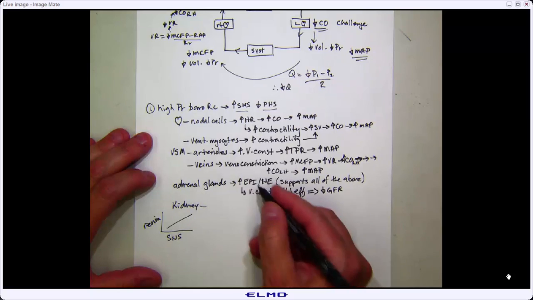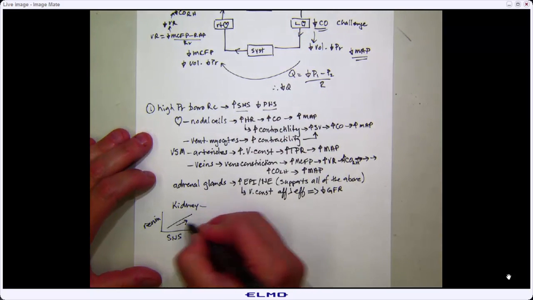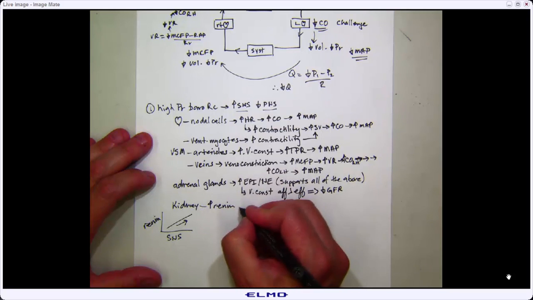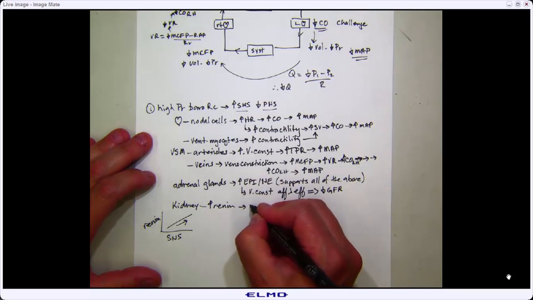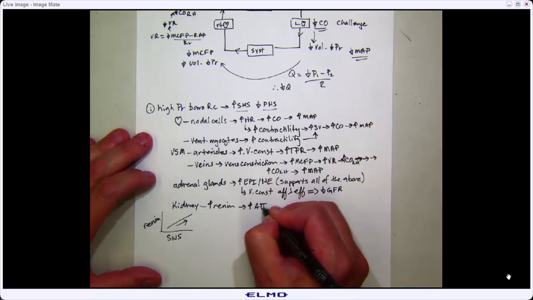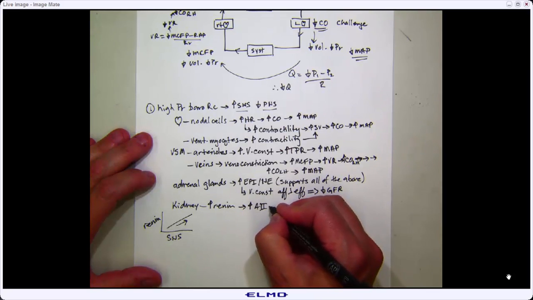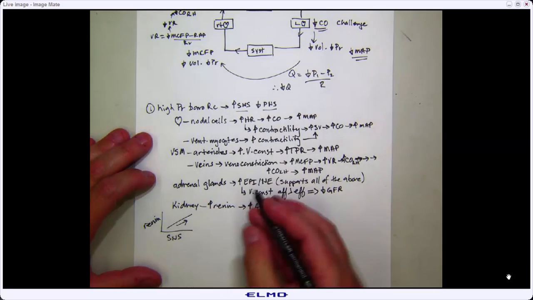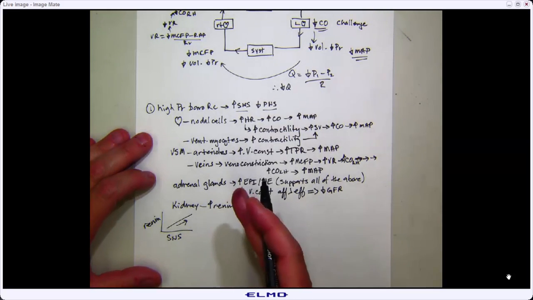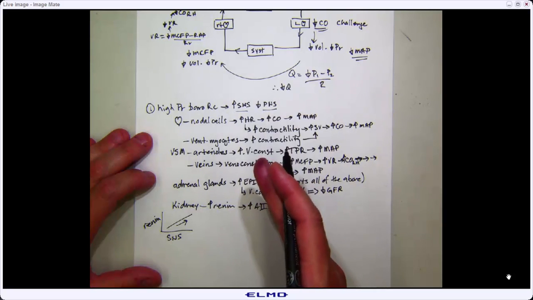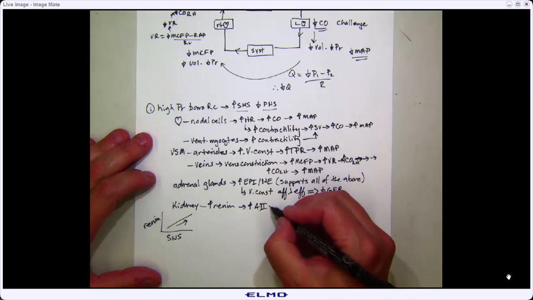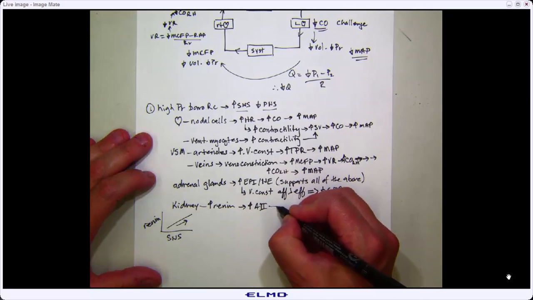So we're going to increase SNS, so we're going to increase renin. Right, so once we increase renin, we're going to increase angiotensin II. Right, so now because it's the brain, the coordinating center, the sympathetic nervous system now calling for renin, we're going to get larger amounts of renin, and then systemic angiotensin II, so not just that local stuff, but now larger concentrations systemically.